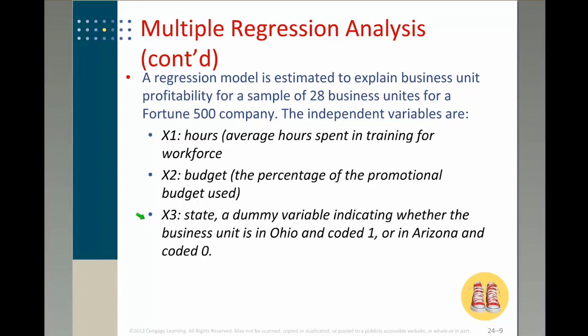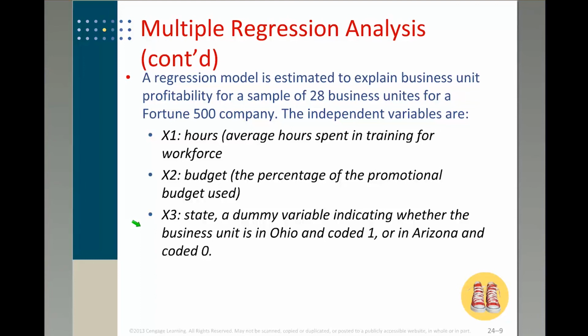So the researcher collects data on the profitability for a Fortune 500 company for the 28 business units, and also decided the following factors, x1, x2, x3, are important variables that could affect profitability for a business unit. That's why this regression model includes the three independent variables.